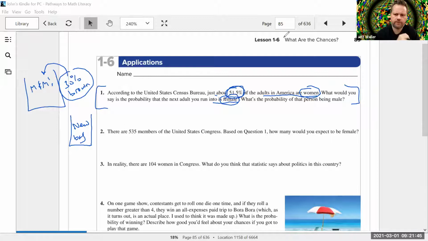I don't understand. So if 11% of people are left-handed, the probability that the next person you meet is left-handed would be an 11% chance, because 11% of the people are left-handed, so there's an 11% chance that you run into one of those people.